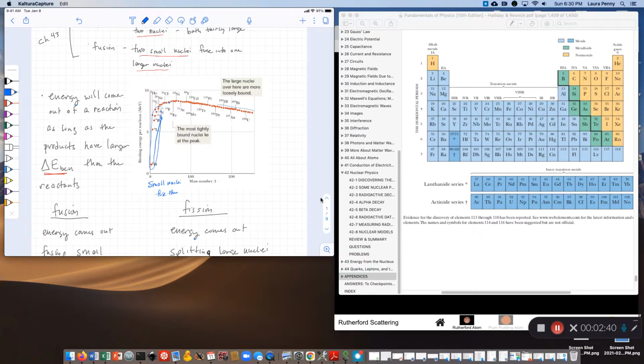Or if you go on this other end and you take large nuclei and you split them so that they become these, you're also moving up the axis here, so you can get energy that way too.